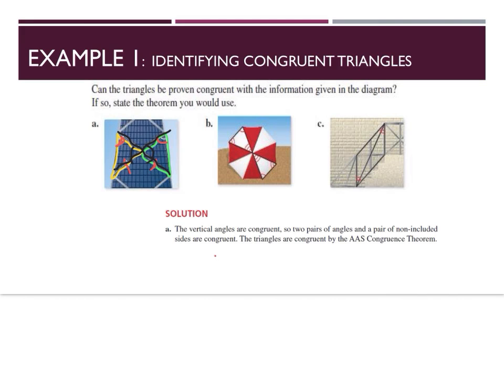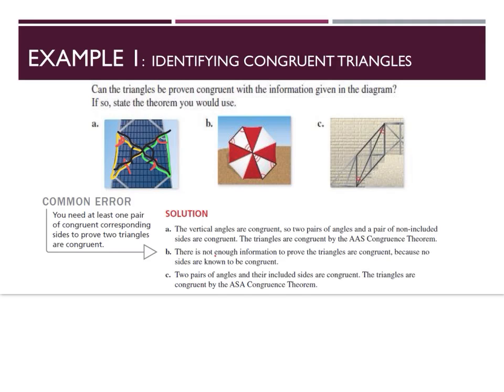Now you try B and C on your own, so pause the video and then unpause to check your answers. All right, for option B, there is not enough information to prove the triangles are congruent because no sides are known to be congruent. We only have angles, and angles are not enough to conclude triangles are congruent.